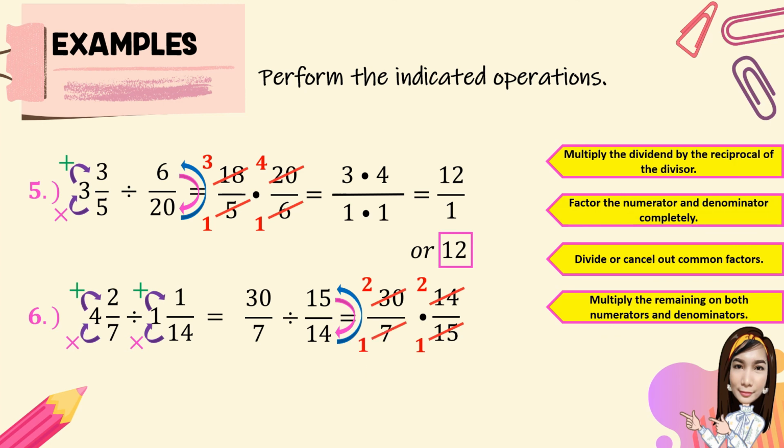Then multiply the remaining on both numerators and denominators. So we have on the numerator 2 times 2. On the denominator, we have 1 times 1. So simply multiply 2 times 2, we have 4 over 1 times 1 is equal to 1. So again, any number divided by 1, we still have the number. So 4 divided by 1, we have 4 as the final answer.